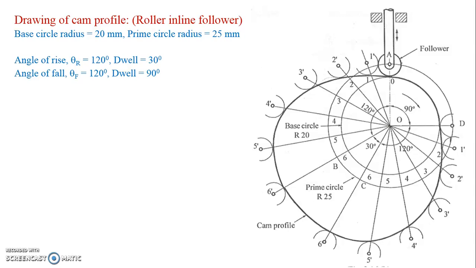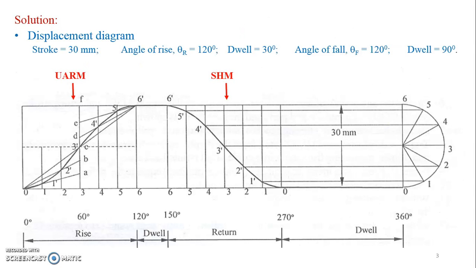Similarly, the angle of fall will follow simple harmonic motion. Hence I am supposed to identify 1 dash, 2 dash, 3 dash by drawing a semicircle, which I have drawn on the right hand side, and then got the projections towards the vertical lines.